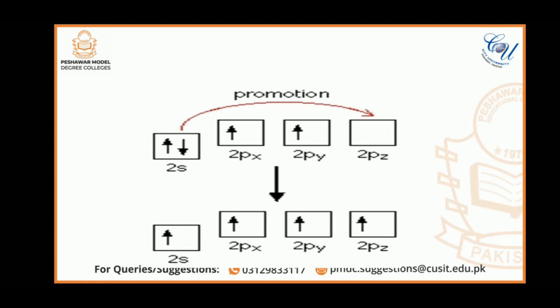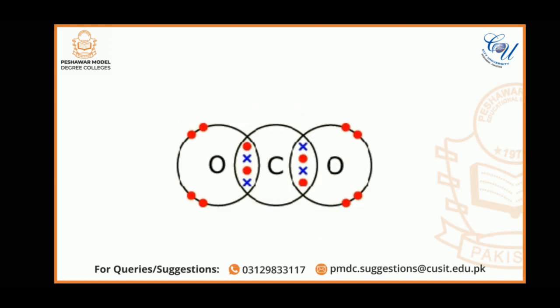In ground state, we can see that electronic configuration of carbon is 2s2 and 2p2 and one p orbital is empty. But in the excited state, one s electron is promoted to empty 2pz orbital. So, 4 unpaired electrons are available for bonding, which after hybridization forms tetravalent compounds. You can see here that carbon forms covalent bonds with oxygen.